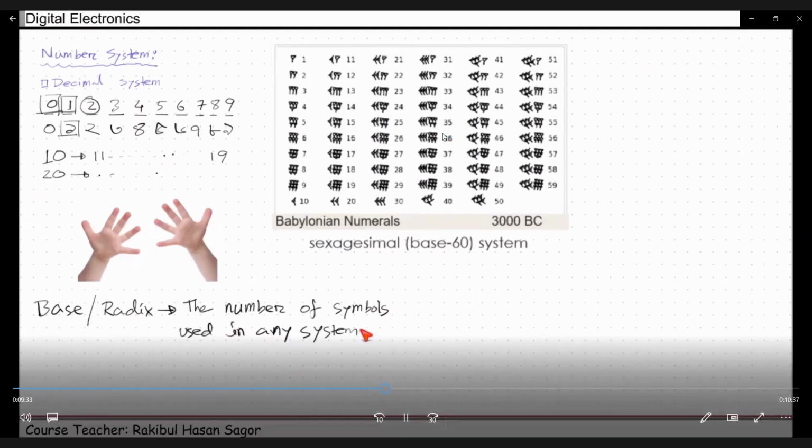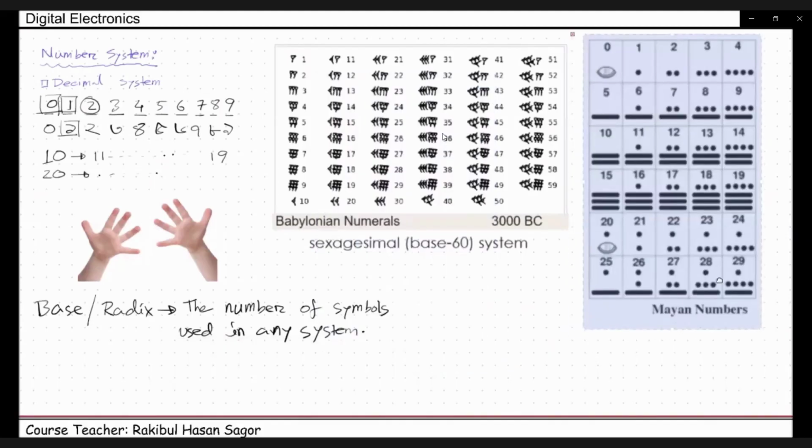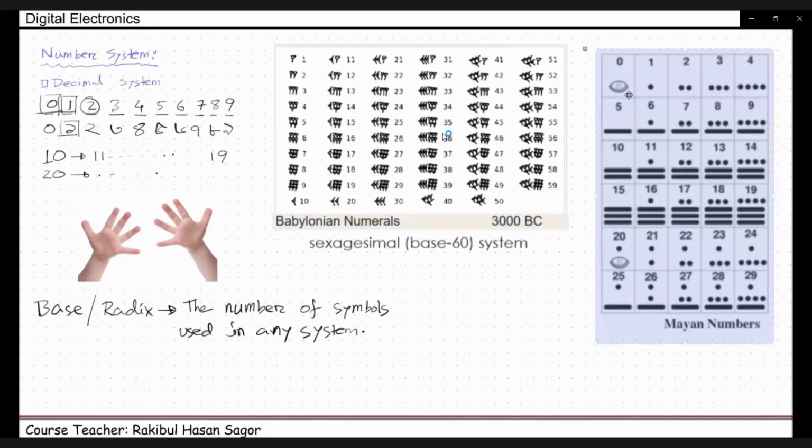Another numeral system was used by the Maya civilization. They used 0 to 29, that means 30 symbols, to represent their numbers. So for the Maya civilization, the base was 30.